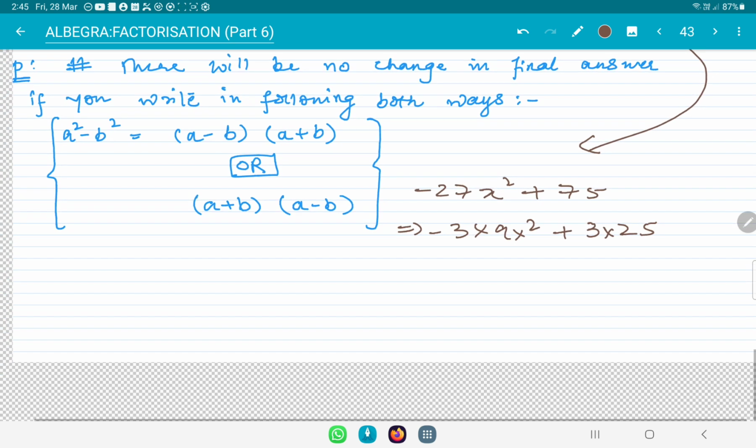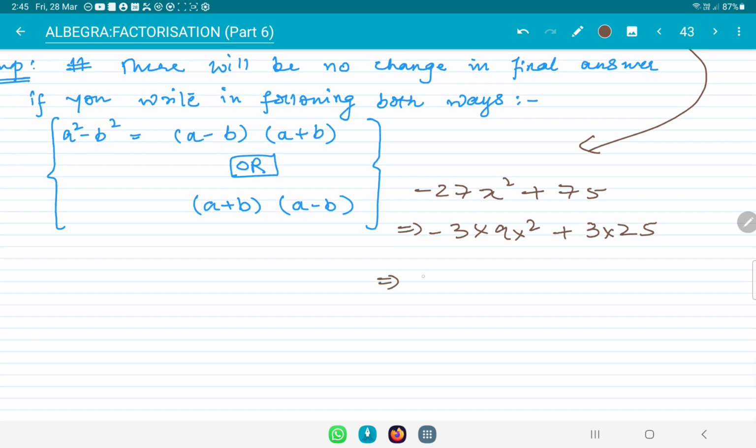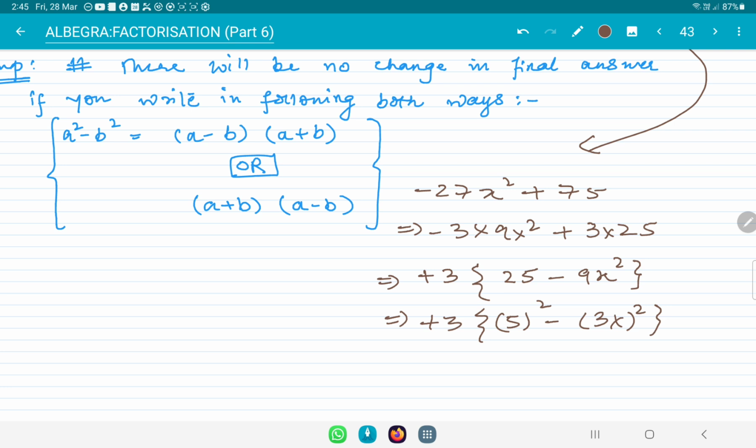So here we are taking only plus 3 out of the bracket. So inside the bracket 25 will come first, minus 9x square. Okay, so now plus 3, and 25 can be written as 5 square minus 3x whole square.